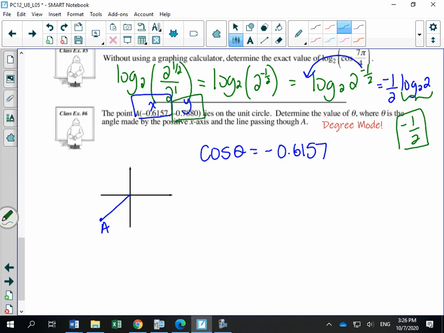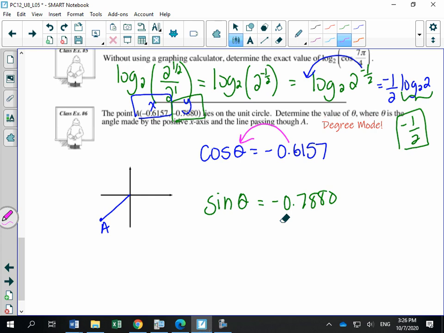This coordinate corresponds with sine. So the sine of theta is equal to negative 0.7880. If I said find an angle, all you're doing is taking the inverse of cos or the inverse of sine. It doesn't matter which one we do, we are going to get the exact same angle.